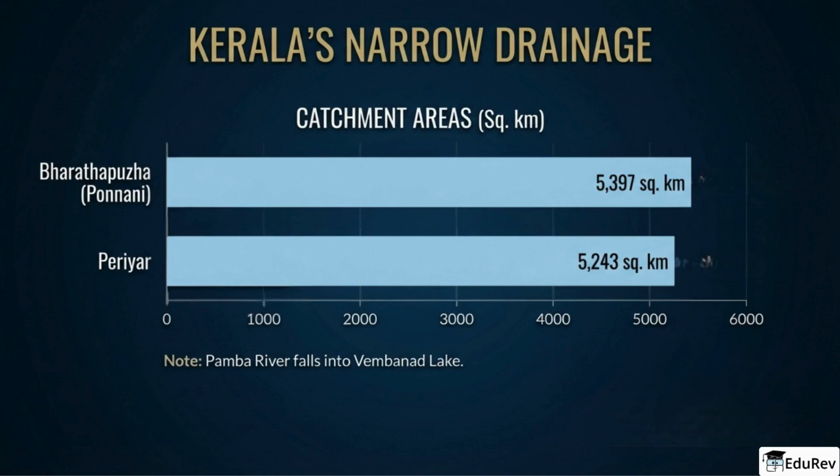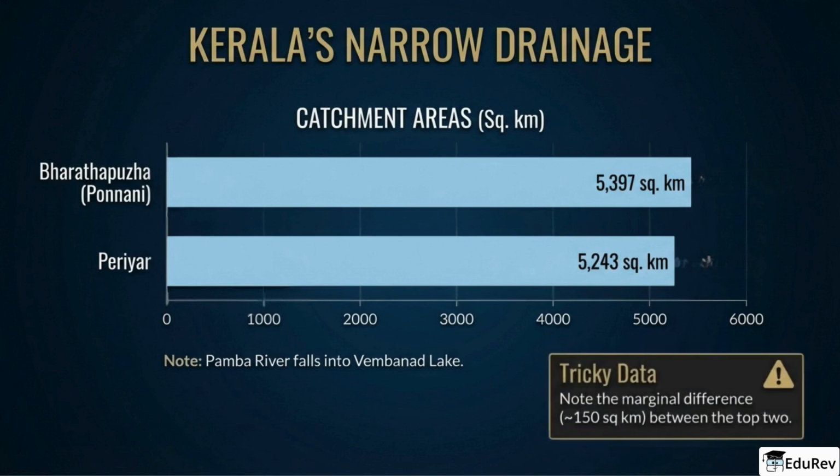And the difference between the top two is extremely small, only about 150 square kilometers. That is why this is a favorite trap. Students confidently reverse them. Also note this separate fact. Pamba falls into Vembanad Lake.